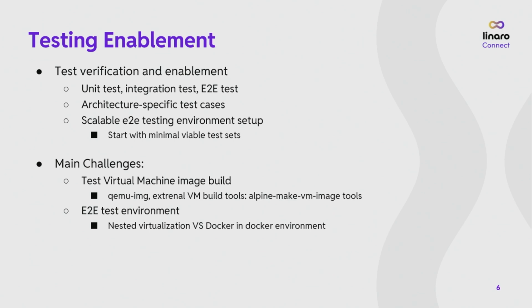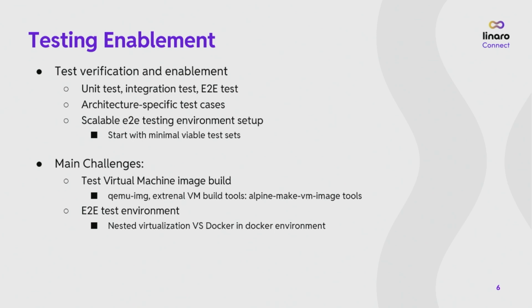And for E2E test, end-to-end test, we have more challenges. The first one is test virtual machine image build. KubeVirt uses many virtual machine images to verify its functionality, like CirrOS, like Fedora, like RPi image. Some images are pre-installed with some tools, like net-tools.